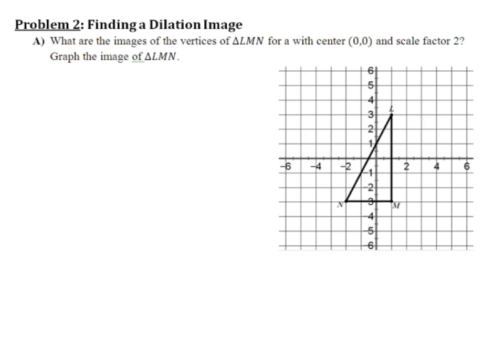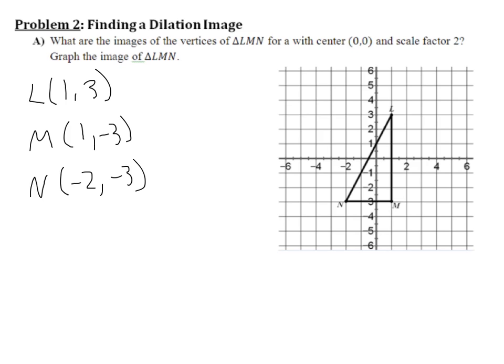Here I want to draw a new picture with a scale factor of 2. First thing you want to do is write out what are your 3 coordinates, so L, M, N. Once you have that, you use your scale factor of 2. That means each coordinate should be larger. And what you do is for each point, you multiply it by 2.